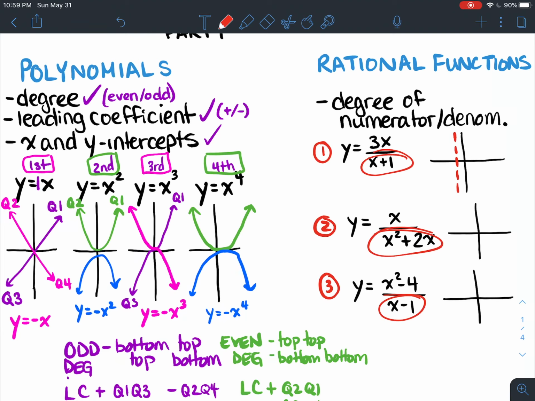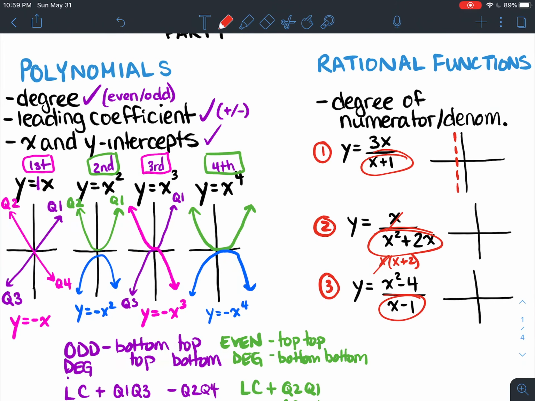Now for number 2, I can't tell right off the bat, so I actually might want to factor it into x squared plus 2x. So I got x times x plus 2. So guess what? This one's kind of weird, but these x's actually can cancel out. So we're going to have a hole in our graph.